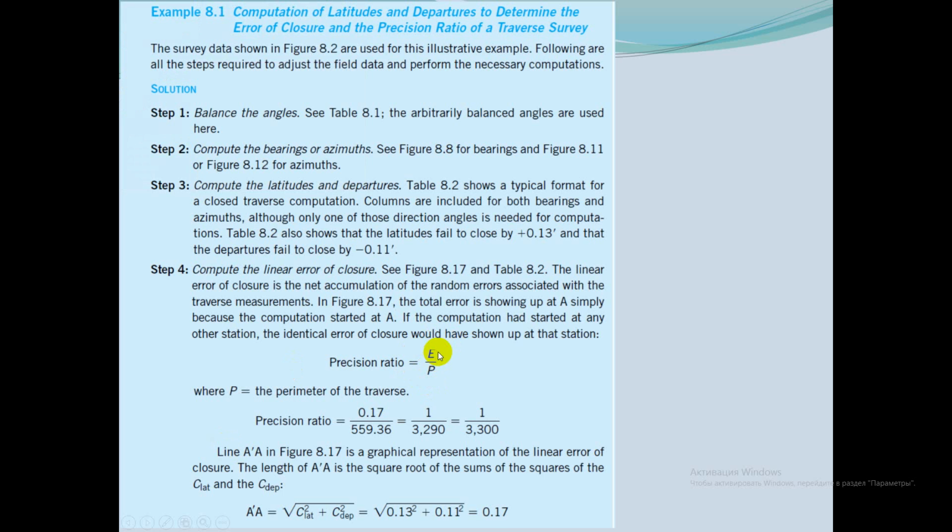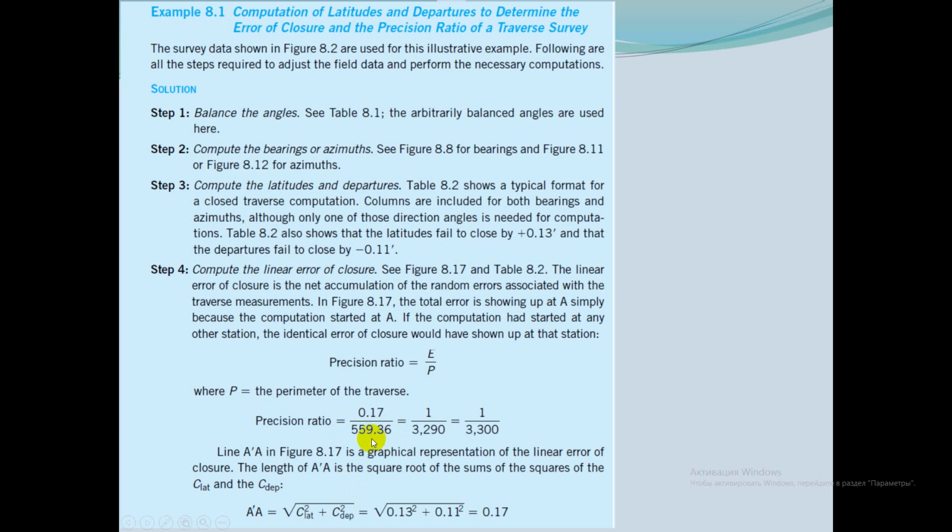And this is the error from the table. Precision ratio will be this divided by the perimeter.